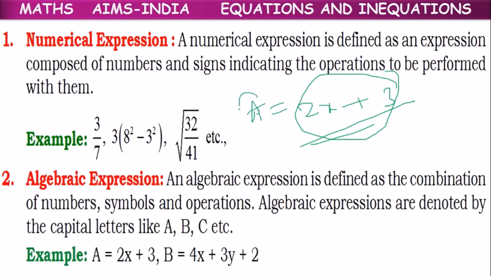Means capital A is an algebraic expression which is equal to 2x plus 3. So like this, algebraic expressions are named with capital letters. Like B equal to 4x plus 3y plus 2, algebraic expression. Next one.